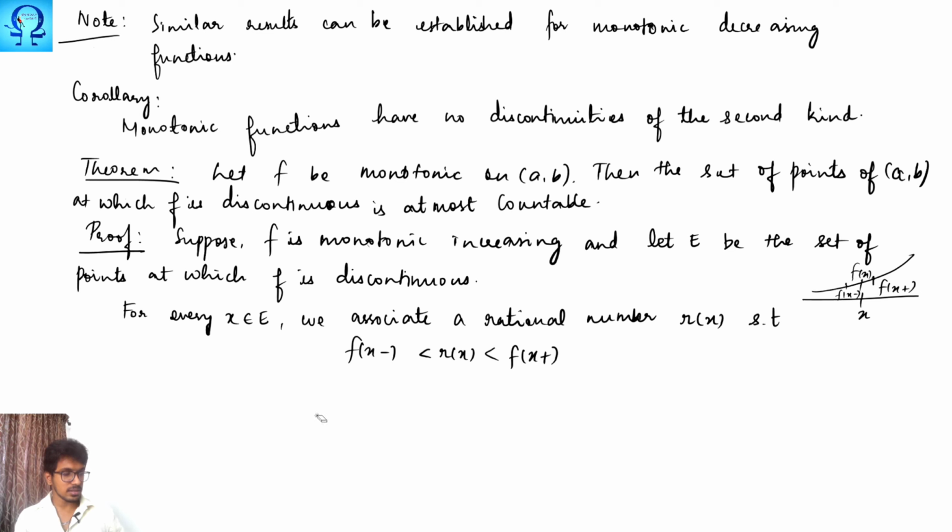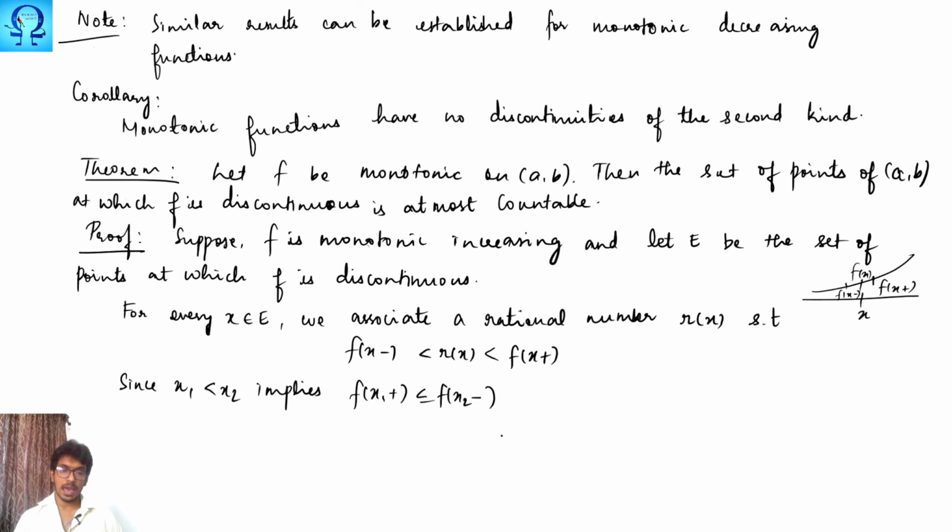Once a rational number is chosen, what we are going to see is that if we take x1 less than x2, of course this will imply f of x1 plus is less than or equal to f of x2 minus. This one we have just seen in the previous theorem.